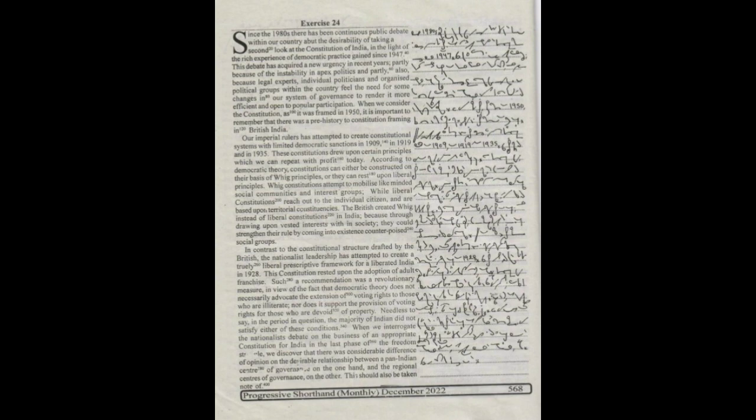Since the 1980s, there has been continuous public debate within our country about the desirability of taking a second look at the Constitution of India in the light of the rich experience of democratic practice gained since 1947.